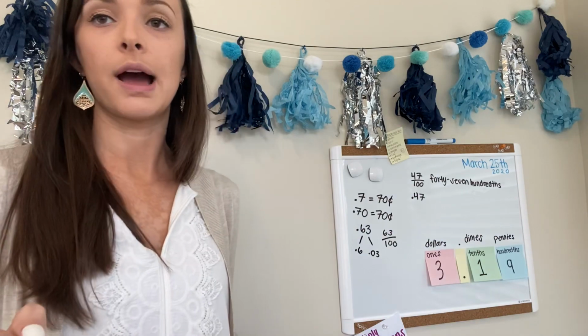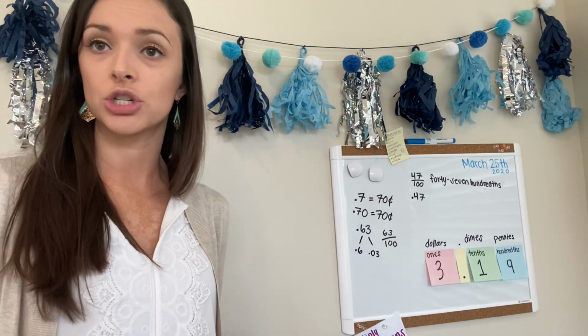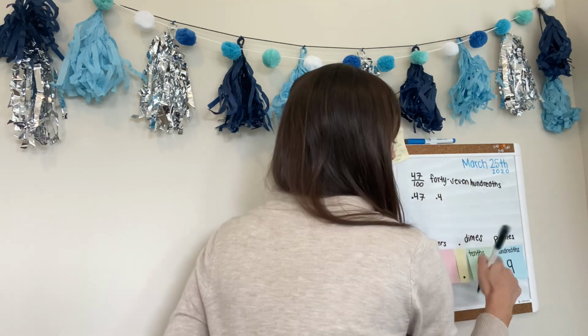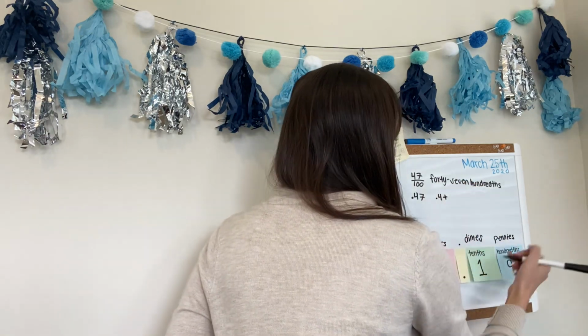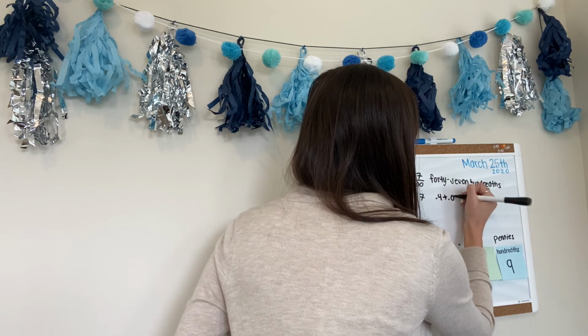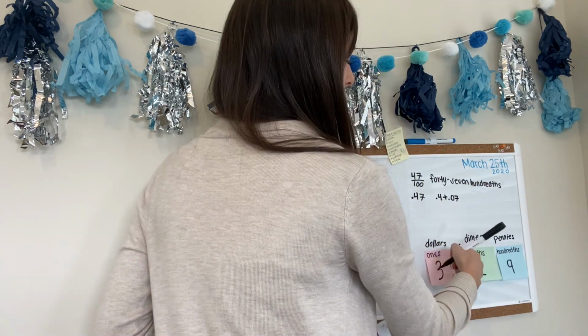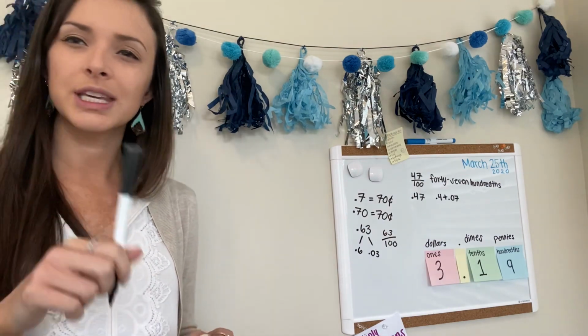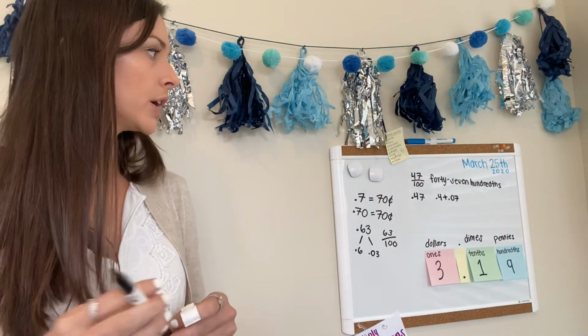You might also write it as an equation showing your 4 tenths plus your 7 hundredths. Notice how I have my 0 in the tenths to show that I have 7 in the hundredths. Can you think of any different ways to show 47 hundredths?